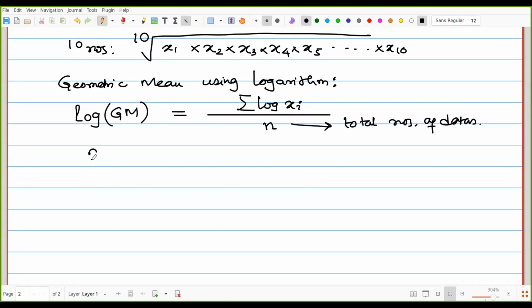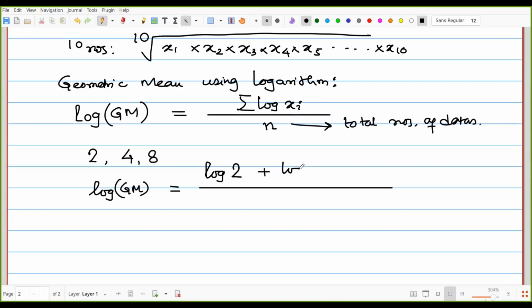So if we have 2, 4, 8, then we can find out the log of GM of that particular three numbers is equal to summation of log xi. That means x1, x2, x3. Summation means the first one we have to find out the log of 2. Then we have to find out the log of 4. Then we have to find out the log of 8. Then divided by, as there are three numbers, 1, 2, 3, divided by 3.